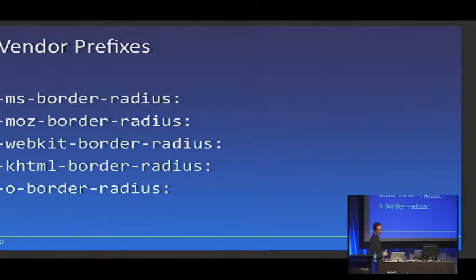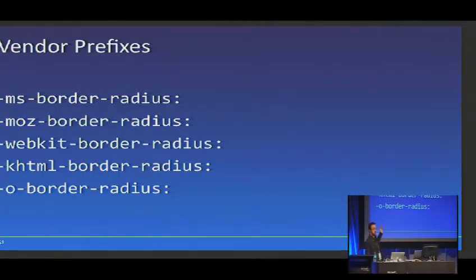vendor prefixes. Now, those of you who do a lot of CSS, you've probably come across these before. Basically, browsers have adopted this method to include new cutting-edge CSS features. And basically, they put these in so you can help test these new implementations of CSS.